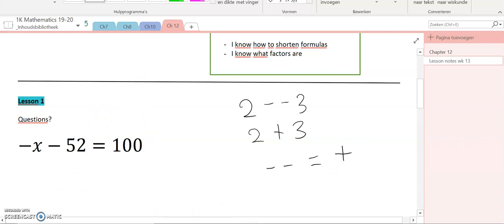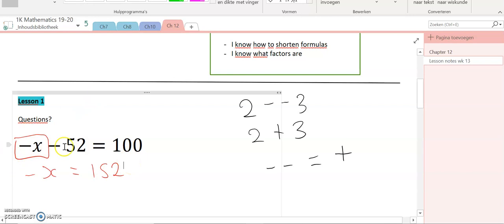And if you put a guard on this term, negative x, then you can say, okay, negative x should be 152, because 152 minus 52 is 100.